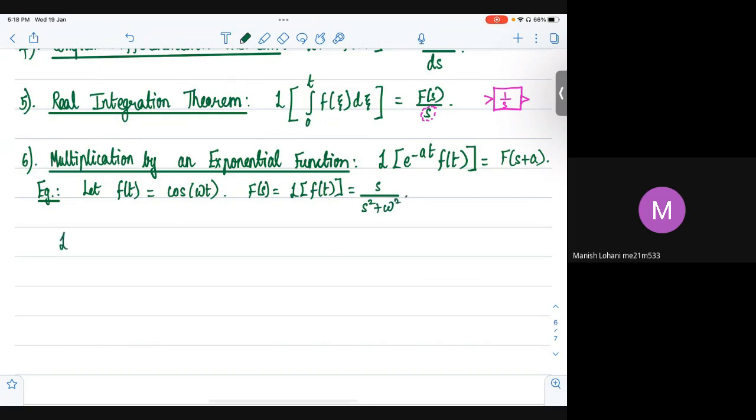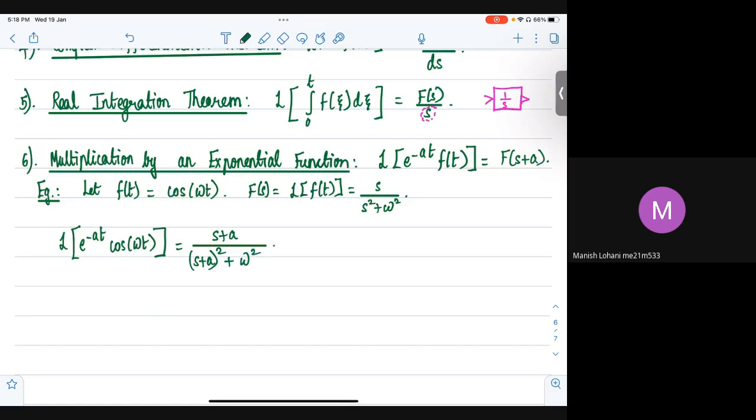Then the Laplace of e to the power minus at cos omega t: as we know, wherever there is s, we need to substitute s plus a. So we will have (s plus a) divided by (s plus a) the whole squared plus omega squared.